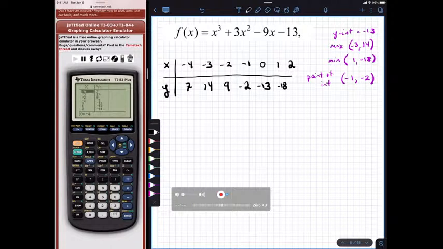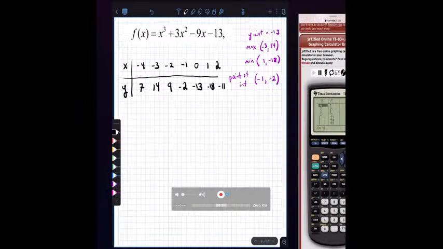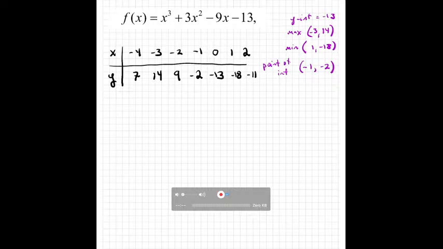So then let's plot all these. Notice our x's go from -4 to 2. The y's go from -20 to 20. So let's do this. I'm going to get rid of the calculator for right now. I'm going to put my origin about here, all right?